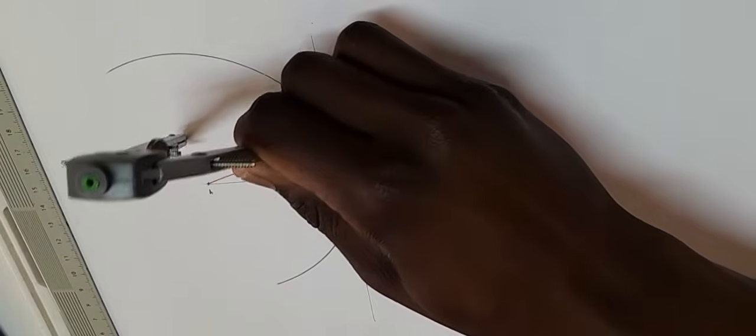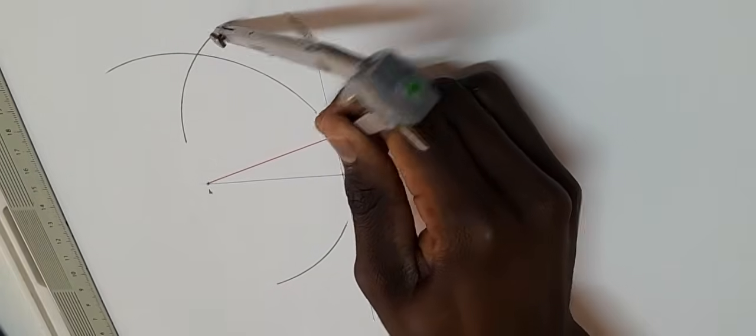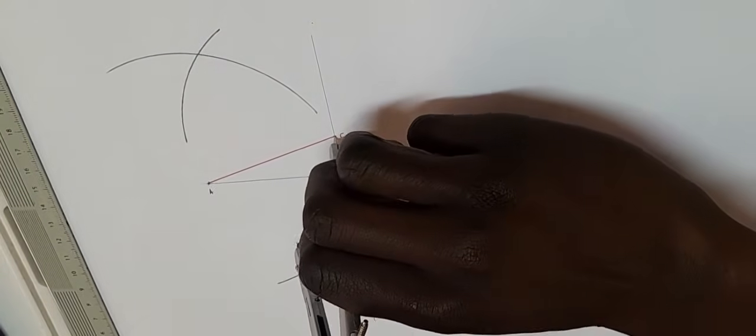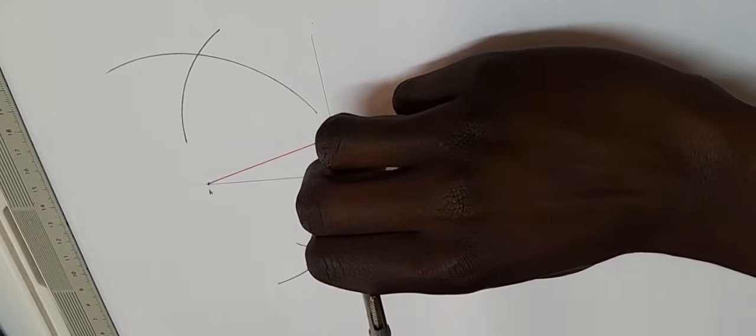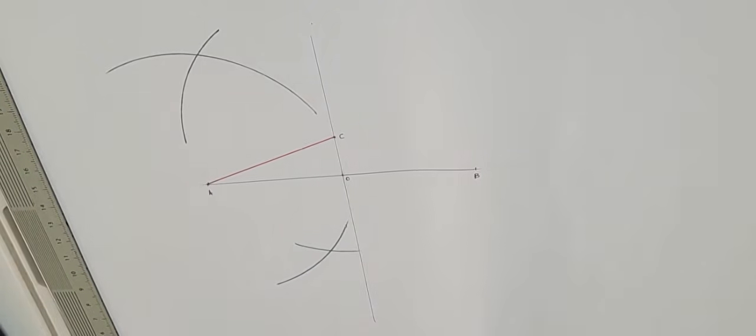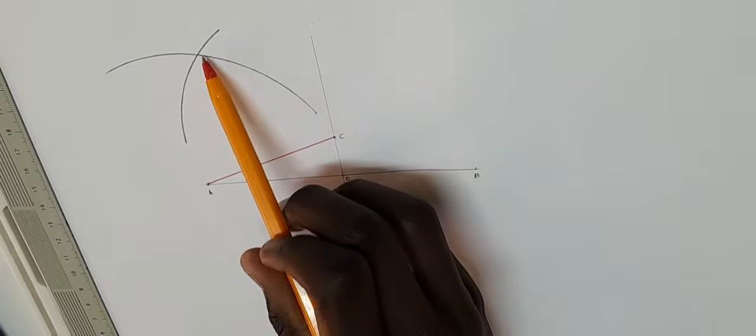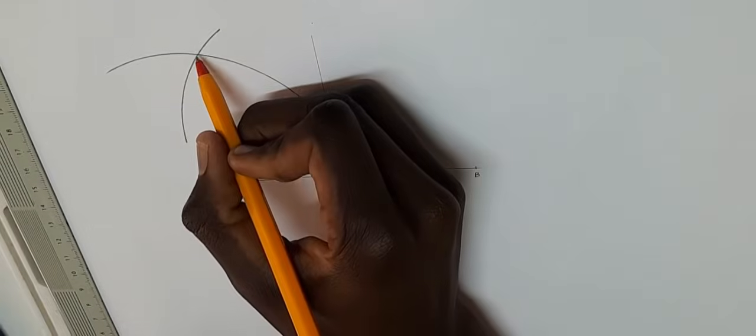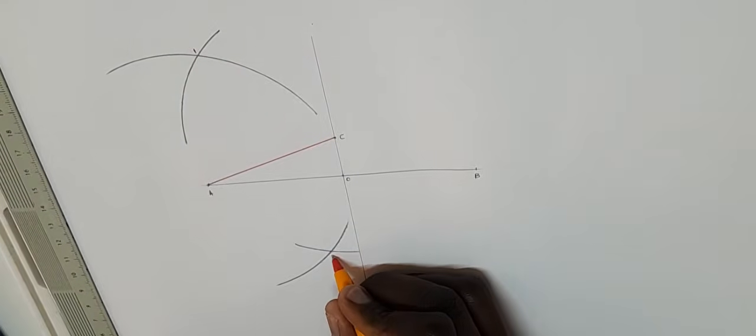You're going to draw an arc this side and an arc this side. Then you can see that we have a point here and here where the two arcs intersect, where they touch each other. So we have point number 1 here and point number 2 here.